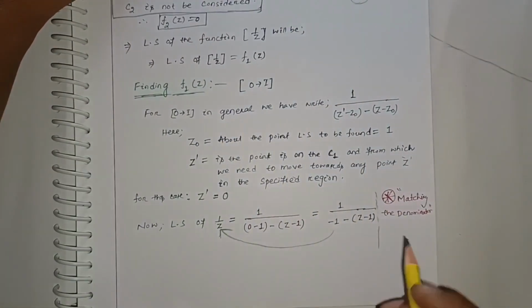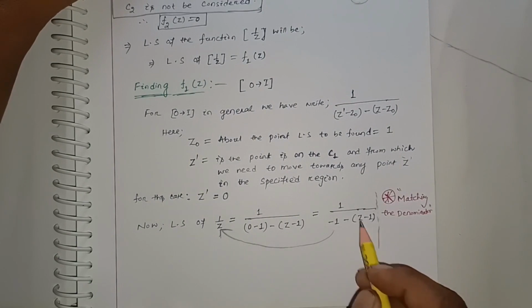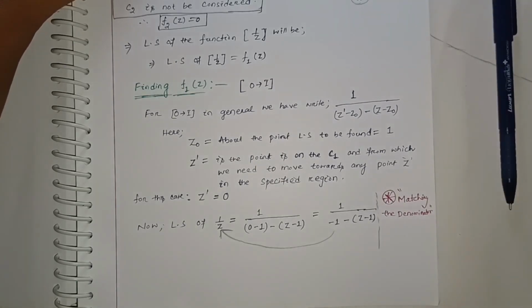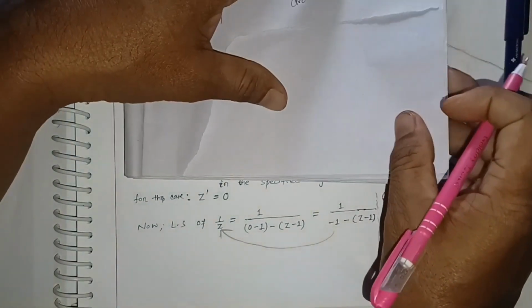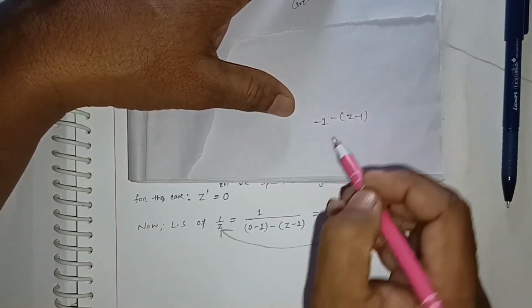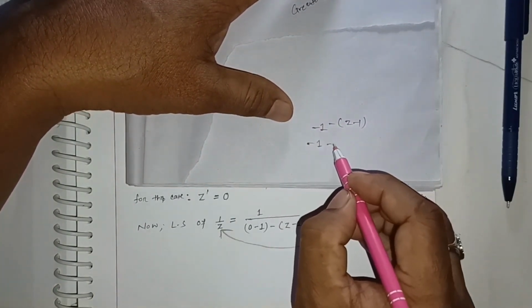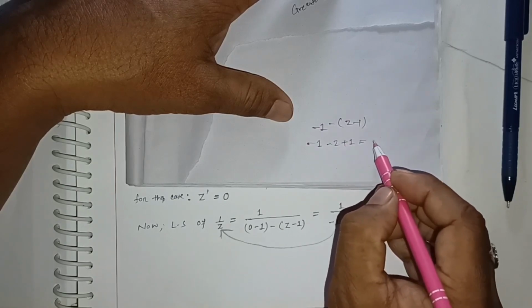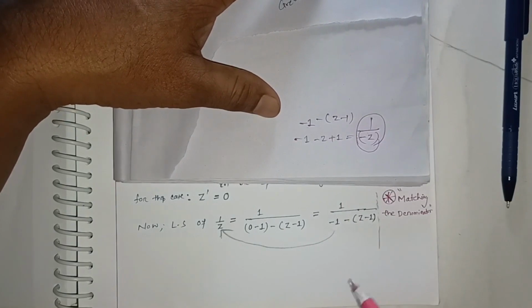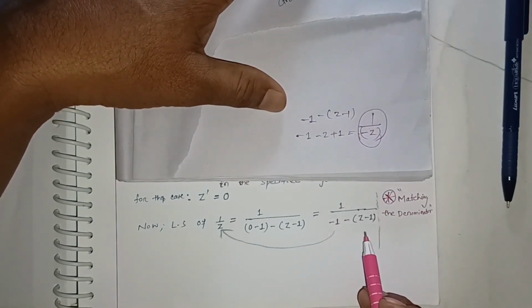See here, don't remove this bracket, keep this bracket, but in the rough you just calculate whether it is matching or not. Here minus 1 is there, minus z minus 1 is there. So minus 1 minus z, this will be plus 1. That means what we found is 1 by minus z after doing this much.